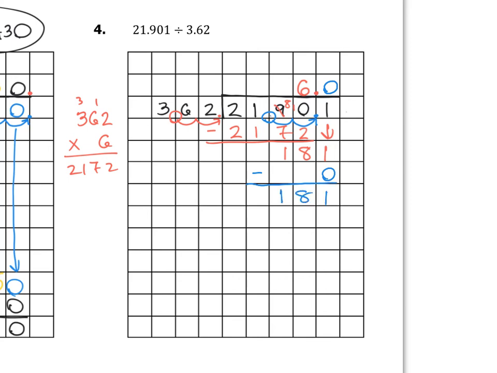Now I can add a 0 to the right of this 1 and bring that down, and I can take 362 into 1,810.